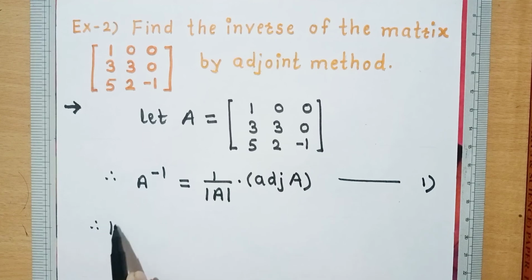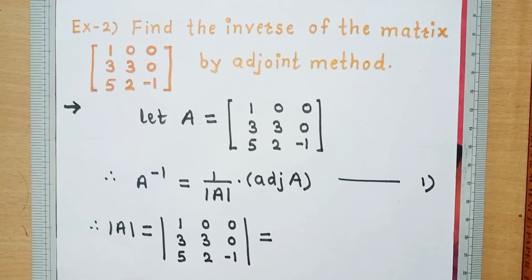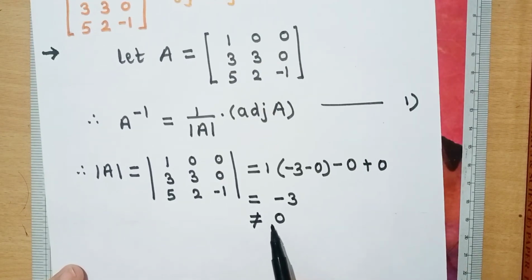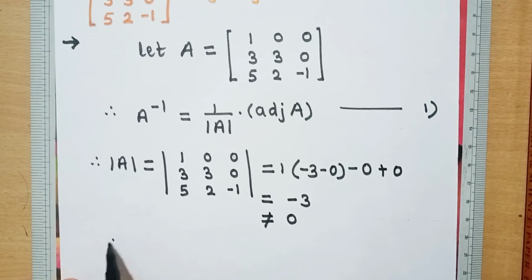So first find out the determinant of A. That is equal to, here first 1, and then 3 ones are minus 3 minus 0, then minus 0 into a determinant is 0, and then the third one plus 0, and so that is equal to minus 3, which is not equal to 0, and this is a non-singular matrix, and therefore we can find A inverse.